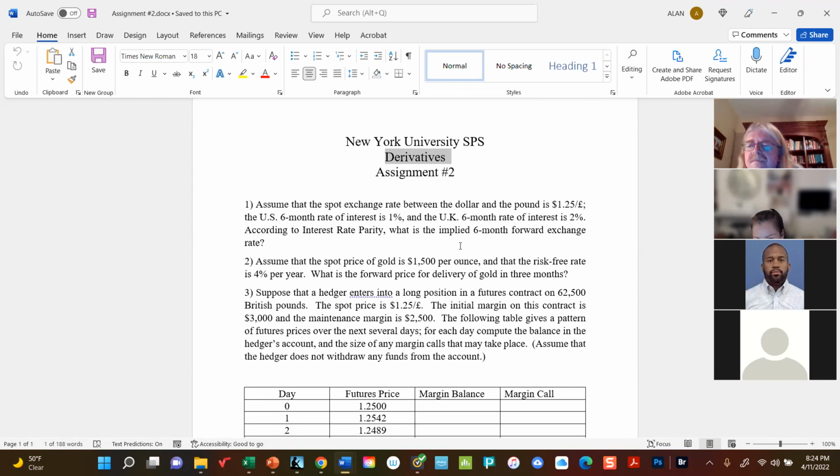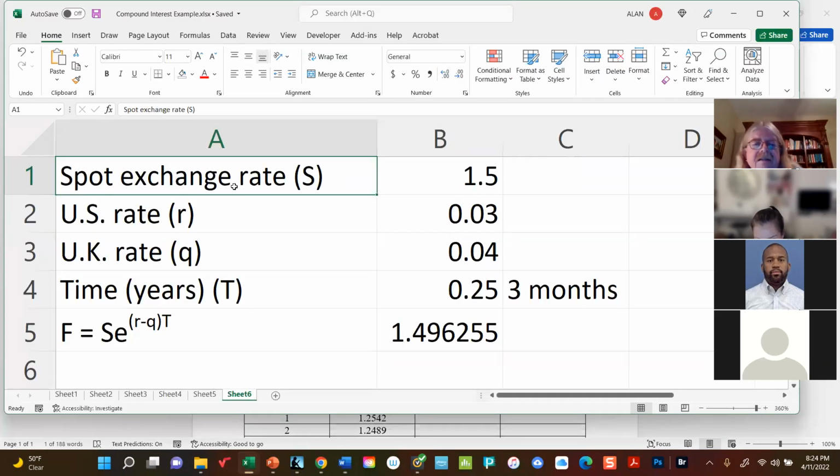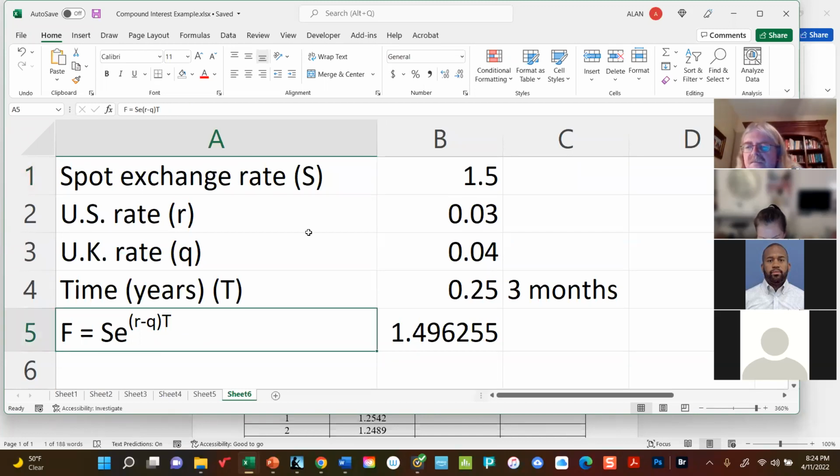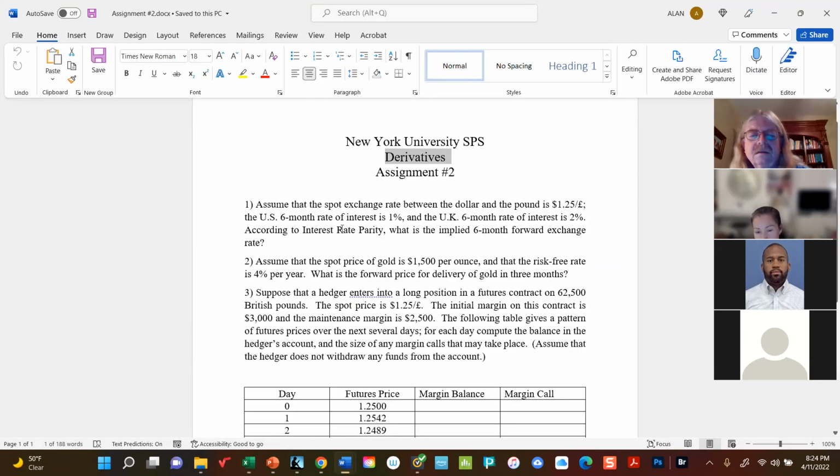Oh, okay. And then I use the formula to calculate. Yes, that's this one. It's pretty straightforward. And then for question B, that would be the rate to calculate with.